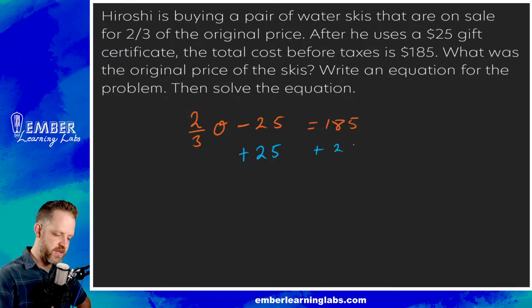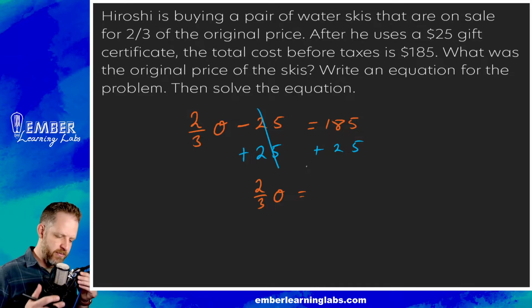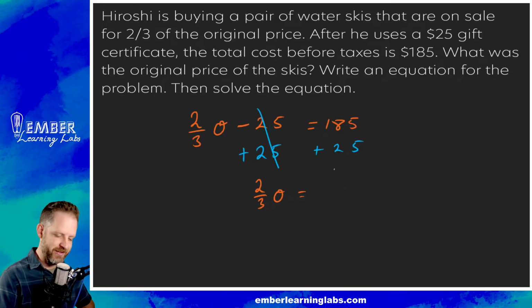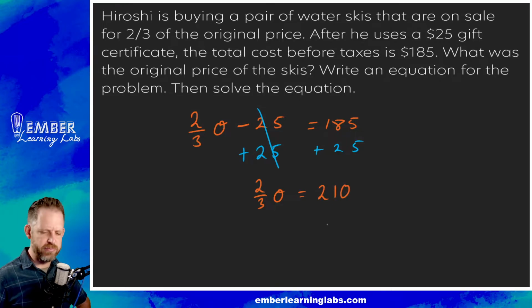So plus 25. Those ones cancel out, leaving us with 2/3 of O equals, what is that? That's 100 plus 110. 210. Does that match the notes? Matches the notes. We got this. We are prepared. We can do this plan.